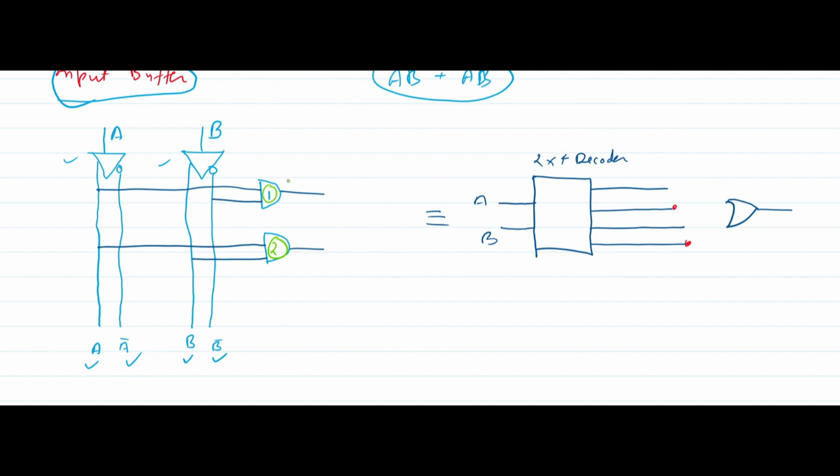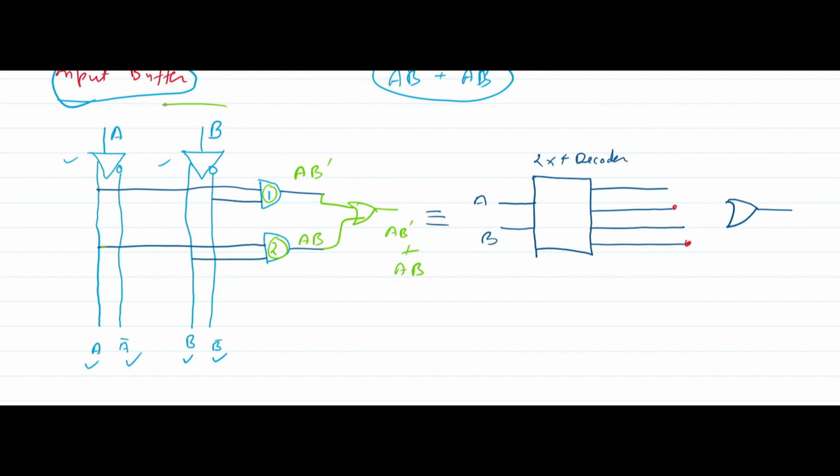From here I want AB bar, so I connect A here and B bar here. Here A and B are connected, so I am getting AB from here. Now I want these through an OR gate. The output I want is AB bar plus AB. So AB bar comes from here, AB comes from here, and I will get this output.